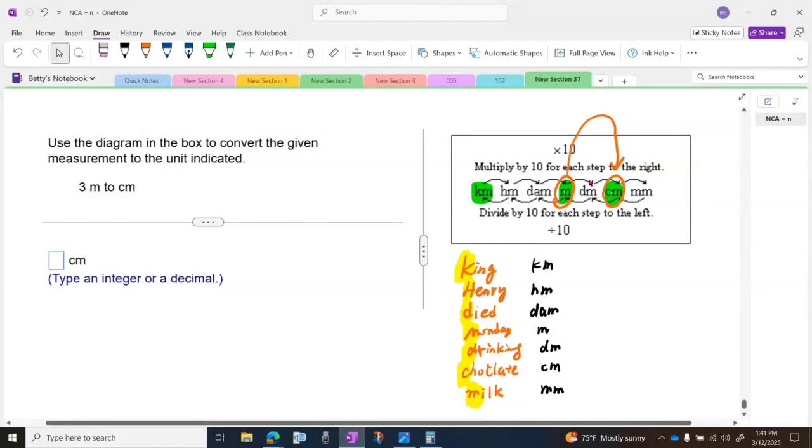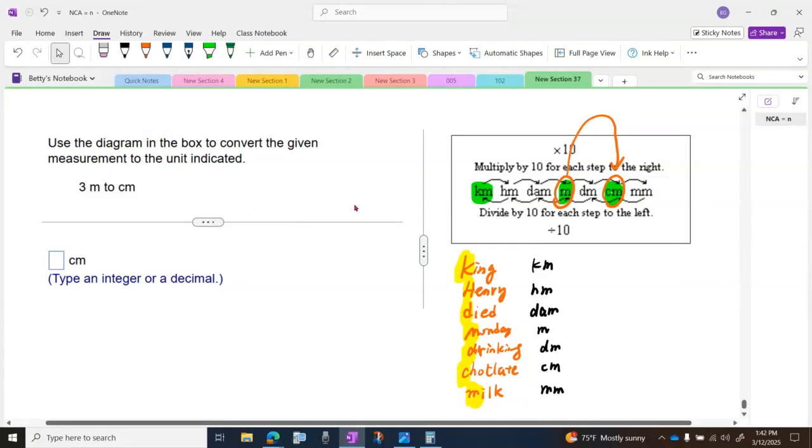Every time you go to the right one time, you multiply by 10. Now you need to go to the right twice. That means you need to multiply by 10 twice. You multiply by 100. When you multiply a decimal by 100, it is equivalent to moving the decimal point to the right twice. So here, the trick is, if you go from meter to centimeter in the diagram, you go to the right twice.